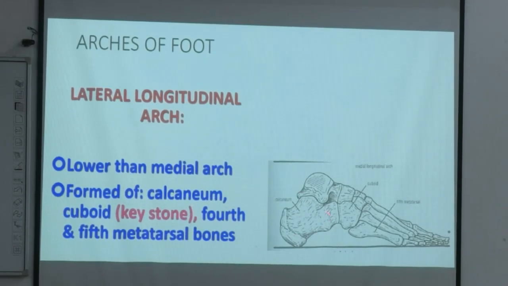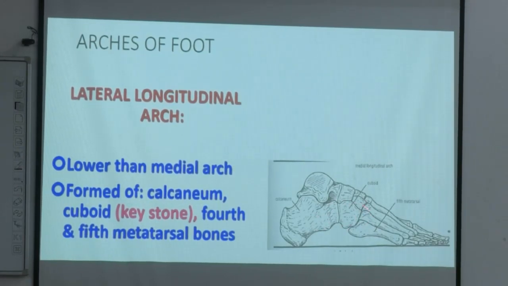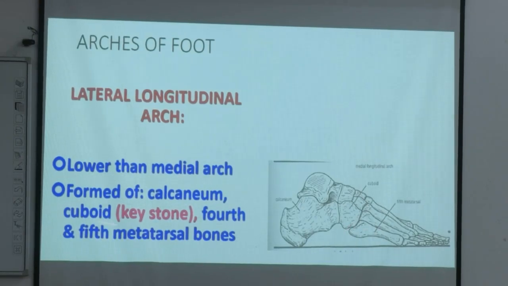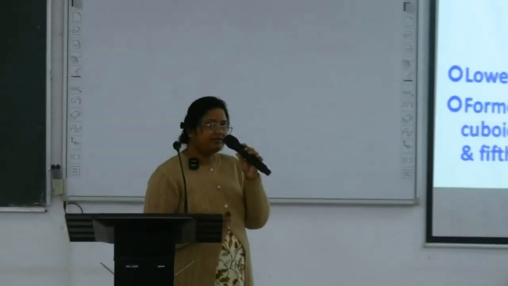Here you can see this is the calcaneum. Cuboid. Here cuboid is forming the keystone of the arch, and fourth and fifth metatarsal bones. These are forming the lateral longitudinal arch. You have to remember which bones are forming which arch. Okay. Next is the transverse arch.